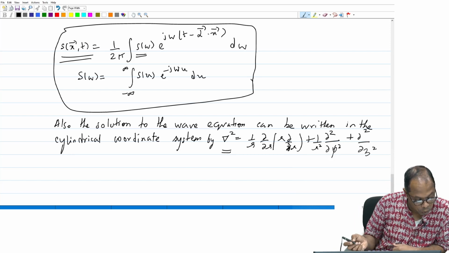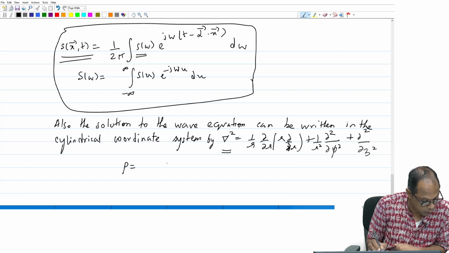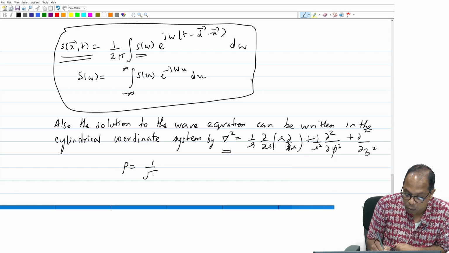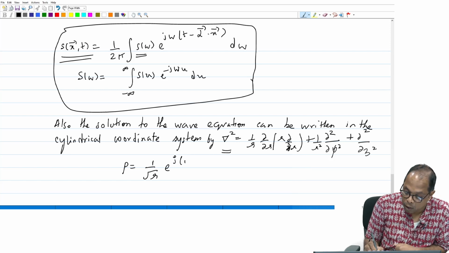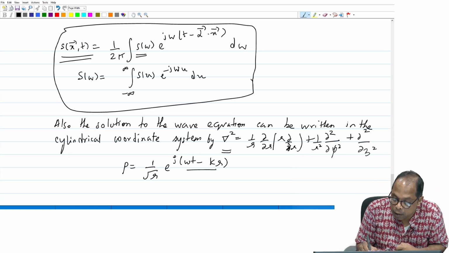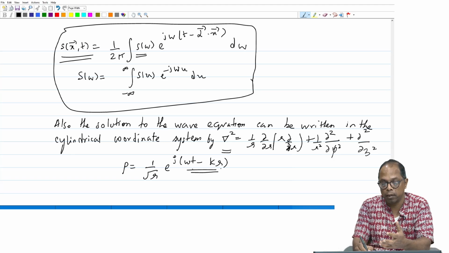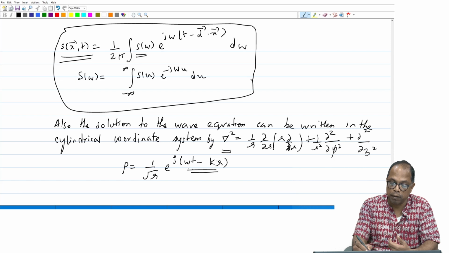What you end up getting there will be something like this: p is equal to 1 by square root r, times e to the power j(omega t minus k r). You may be familiar with most of this: there's a time variation, a range variation, an angular frequency, a wave number.